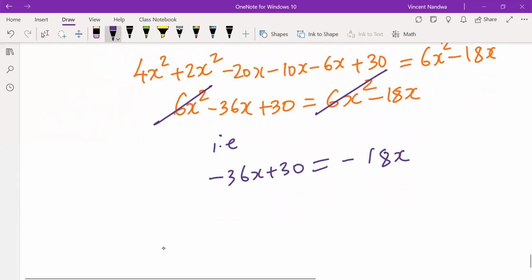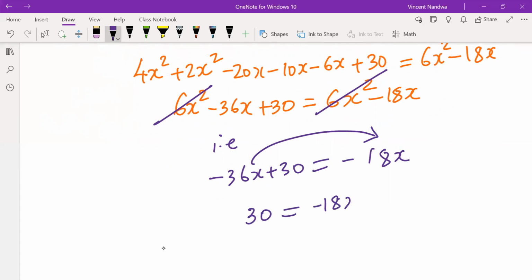So I take this one to the right hand side. So I have 30 equals minus 18x plus 36x, which is 18x equals 30.